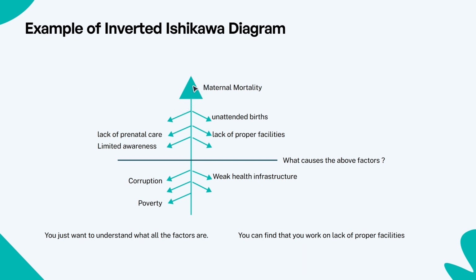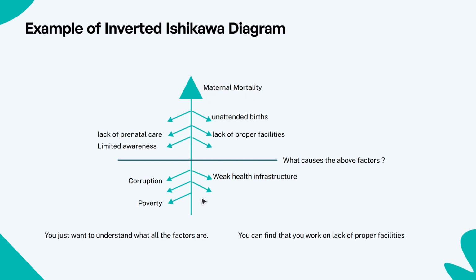Here we have a problem area called maternal mortality. This is a problem area that a certain innovator is trying to tackle. As you can see, this innovator has taken a step to add the root factors and causes and all of that. This problem as it is just too big to tackle head on.